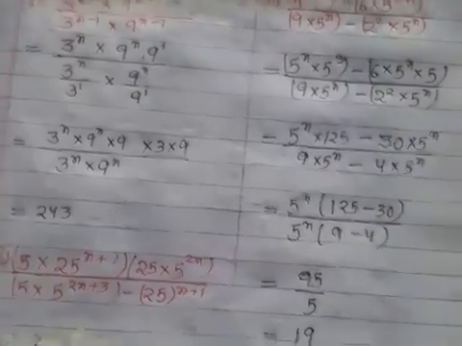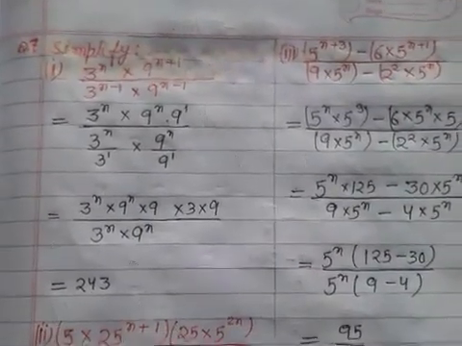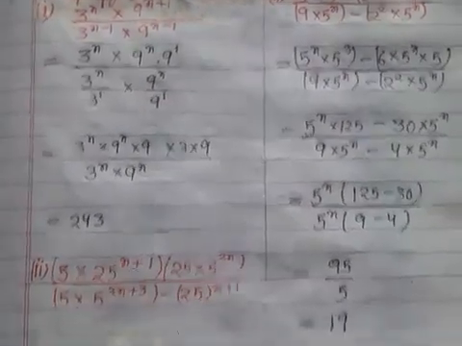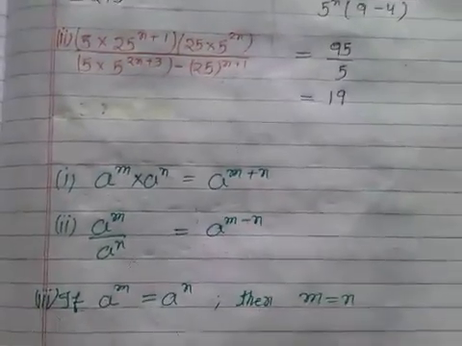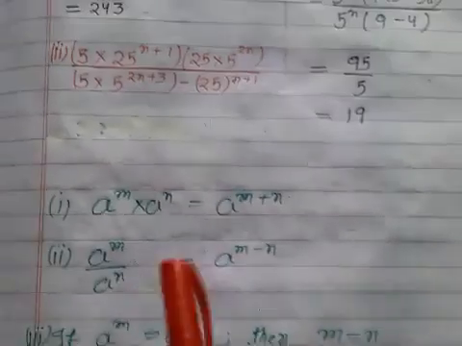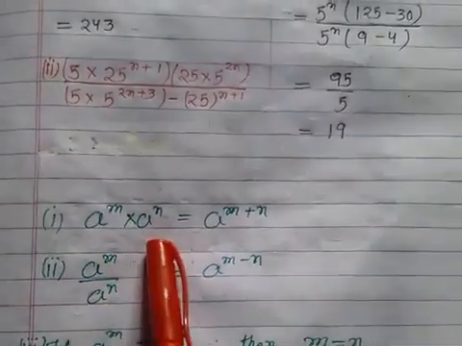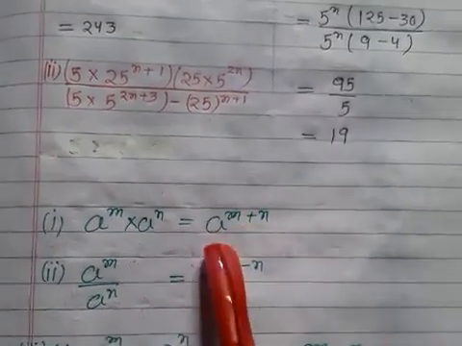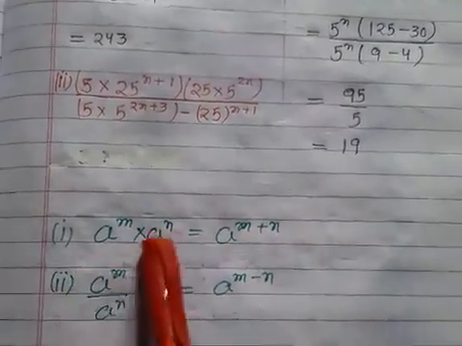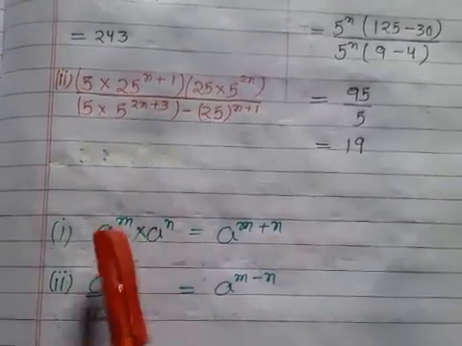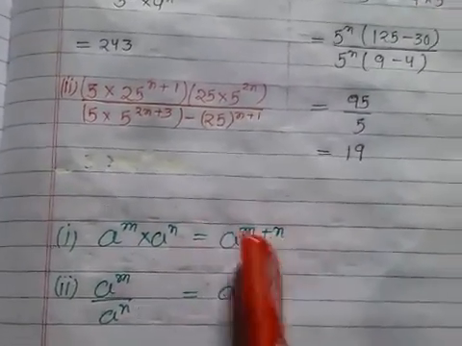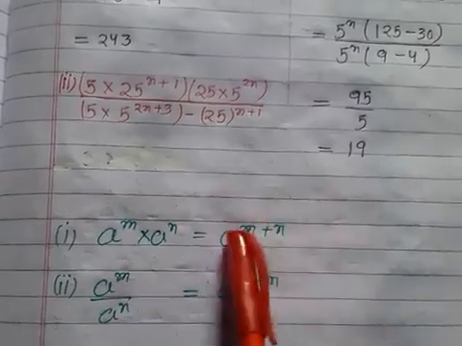Okay. Now today we are going to solve some simplification. Okay. At first you should know this formula: a to the power m into a to the power n is equal to a to the power m plus n. It means when same bases are in multiplication their powers are added.